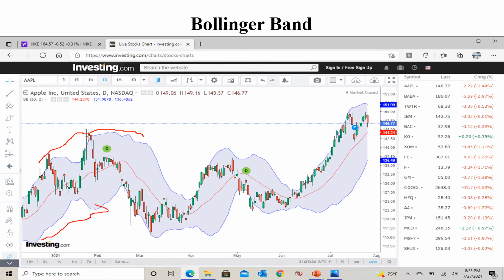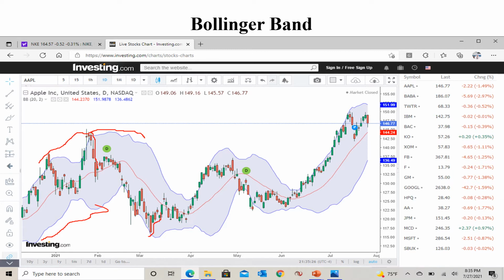What happens is, when the candlesticks touch this upper band or go through it, then they will tend to start coming down. That's an indication for people to sell. And then when it touches the lower band, it'll start to go back up.